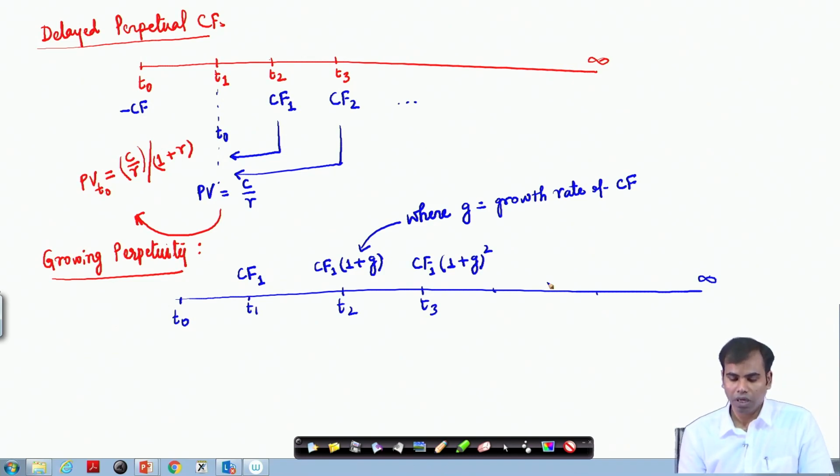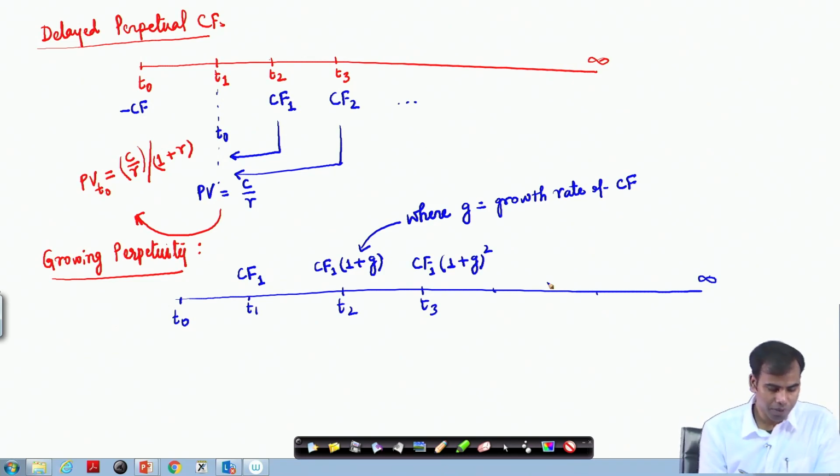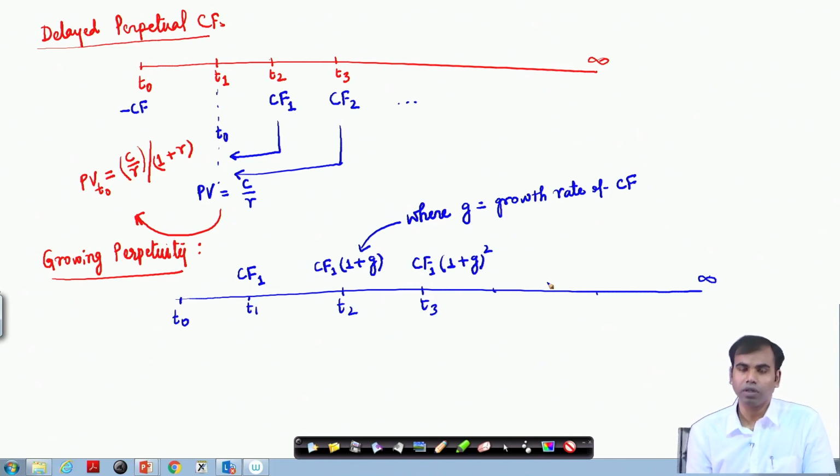So, if you have a situation like this, you can simply use the same approach that we have shown earlier. We have shown that the present value of perpetual cash flow can be calculated using a formula x is equal to C by R, where x is the present value and C is the future expected cash flows, R is the discounting rate.